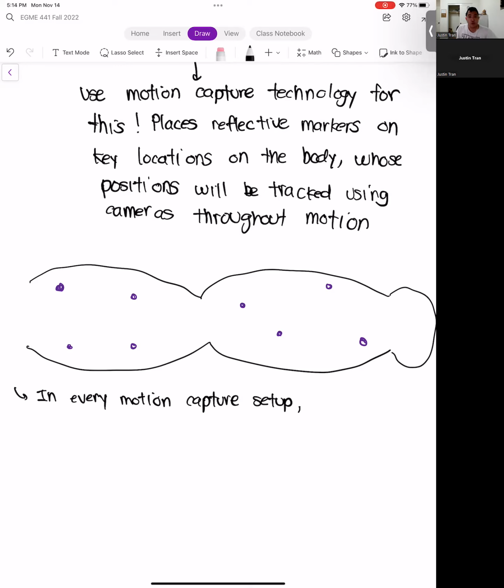In every motion capture setup, the way that we establish joint angles is by talking about coordinate systems. What this means is that for each body segment where we're going to place reflective markers, we're going to be establishing several different local coordinate systems.